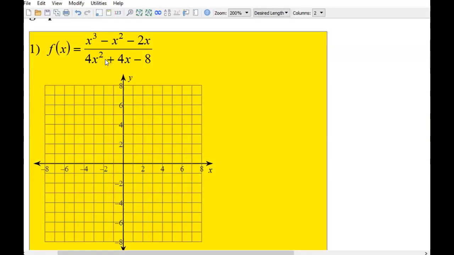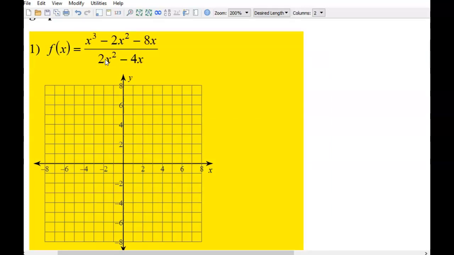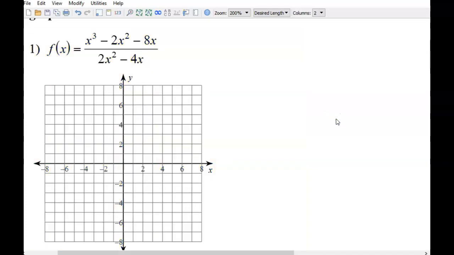Let's take a look at another one that's like that. All right, I'm going to make a little change here, though. I'm going to call that a 4. So let's go ahead and write that one down.